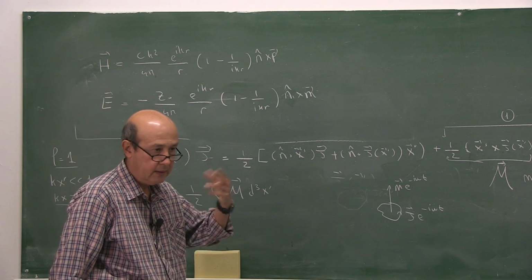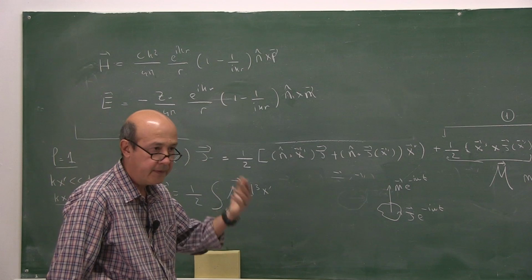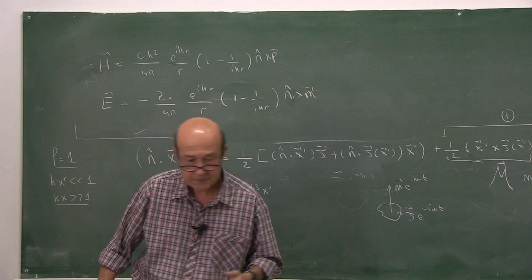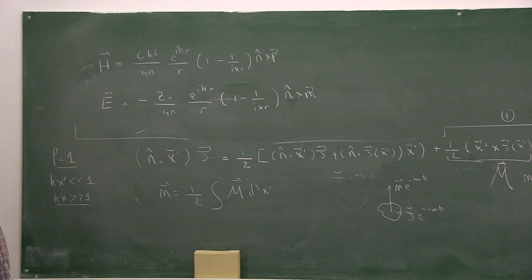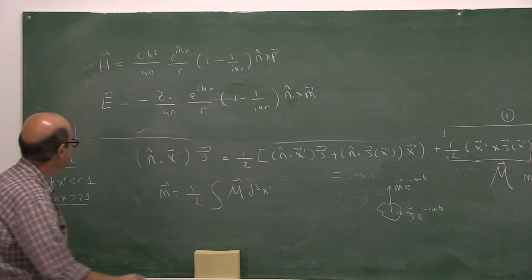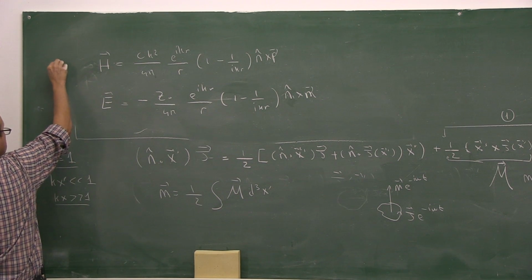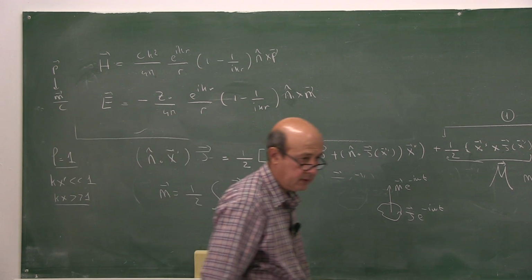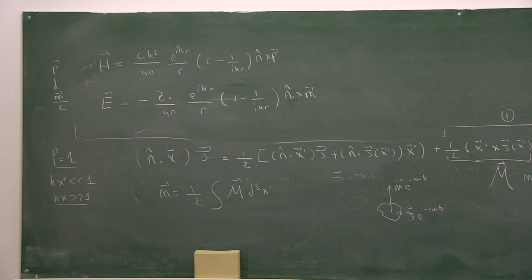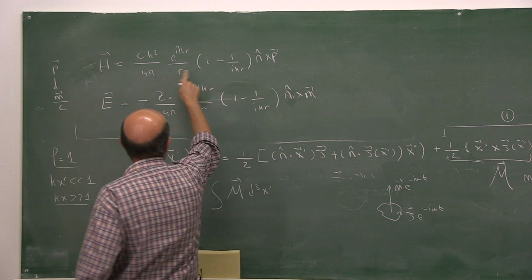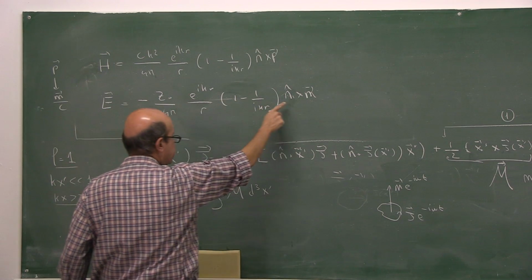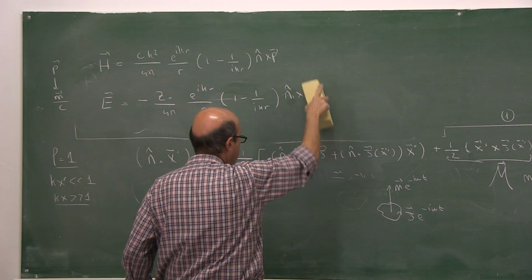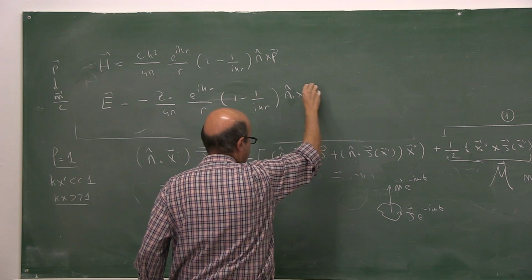The electric dipole moment is replaced by the magnetic dipole moment. Basically, from up to down, p goes to m over c. So there is a very nice symmetry between the H field of the electric dipole radiation and the electric field of the magnetic dipole radiation.